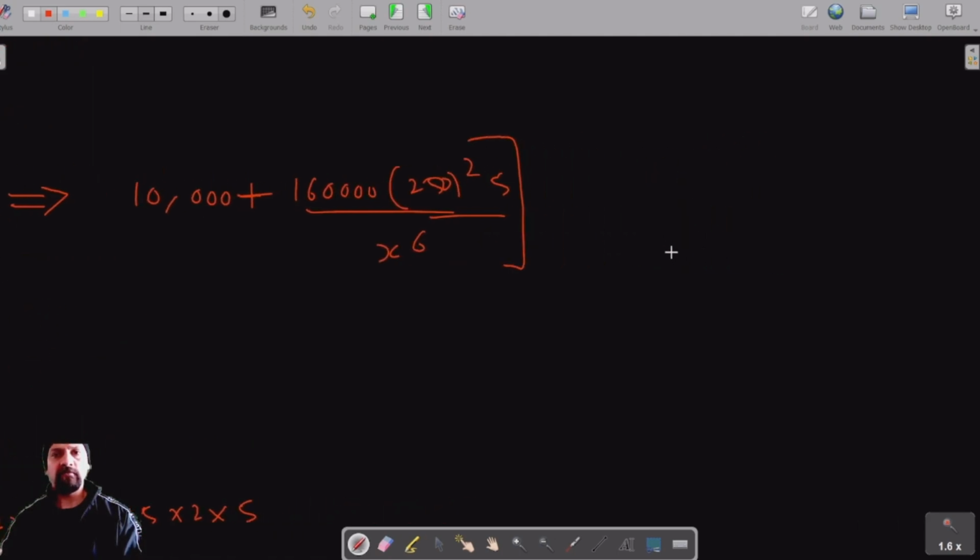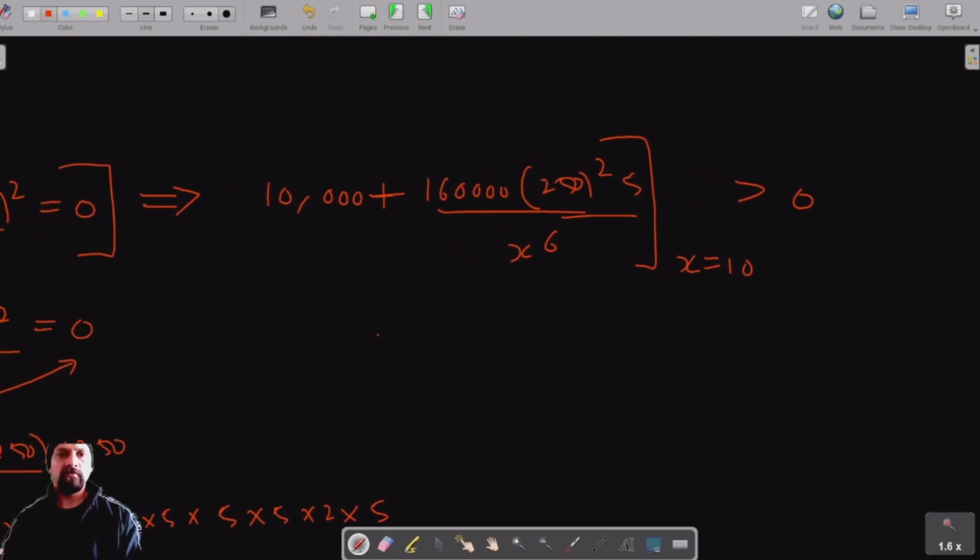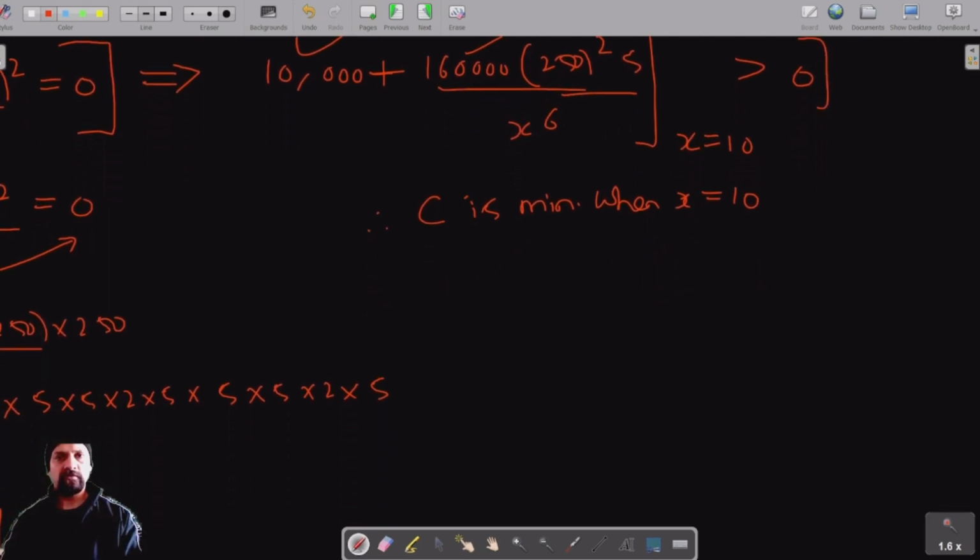And this second order derivative, when x is equal to 10, is greater than 0, so that means c is minimum when x is equal to 10, because all these are positive. So the positive will give us the result greater than 0. So cost is minimum when the side of the square base is 10 meter.